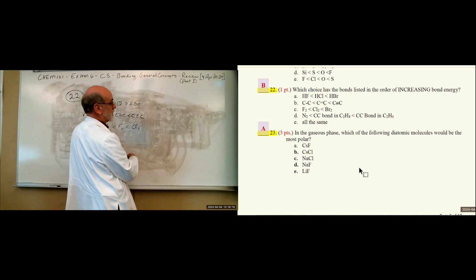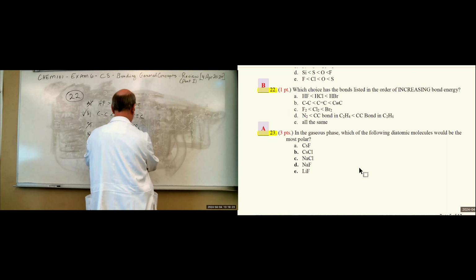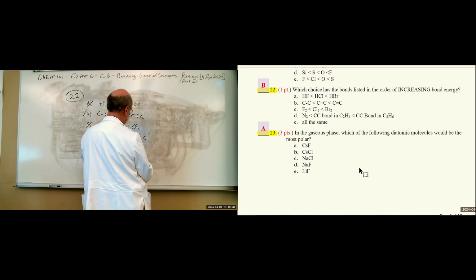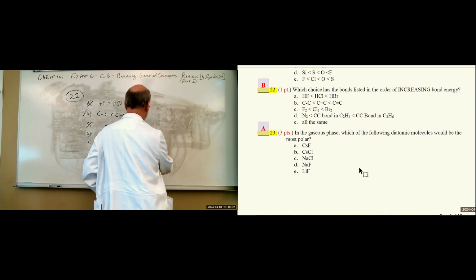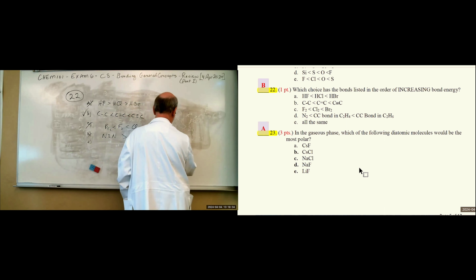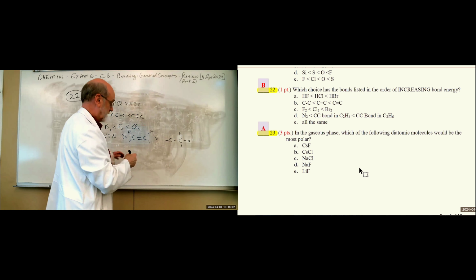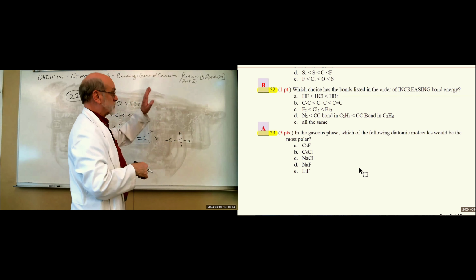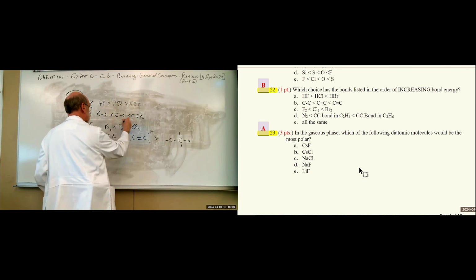And the other bonds, the carbon-carbon bond for this one, C2H4, that would be a double bond. So this would be greater than that one. And this would be greater than this one. And these all have hydrogens on them. I didn't draw in the hydrogens, but that's what they are. So that one's turned around backwards. So the only one that makes sense is this one right here.